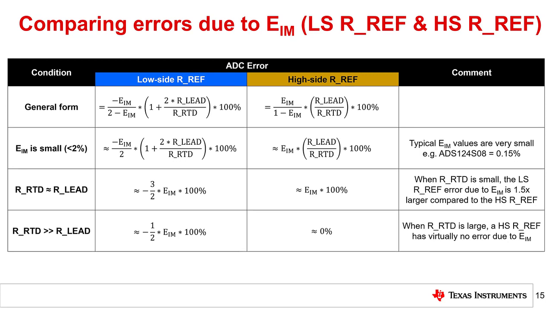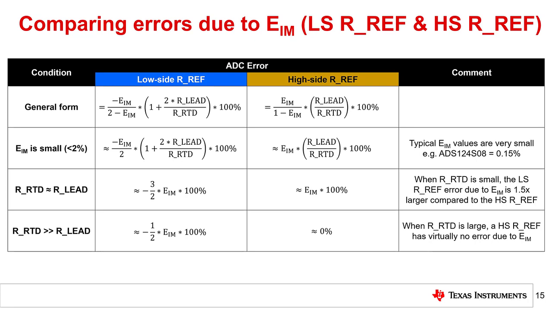Finally, consider the more common case where the RTD resistance is much larger compared to the lead resistance, which is shown in the fourth row. Under these conditions, the error for a system using a low side RREF is approximately equal to 1/2 the IDAC mismatch error. This outcome occurs because the Rlead divided by RRTD term in the equation in the second row of the table approaches 0 as RRTD increases.